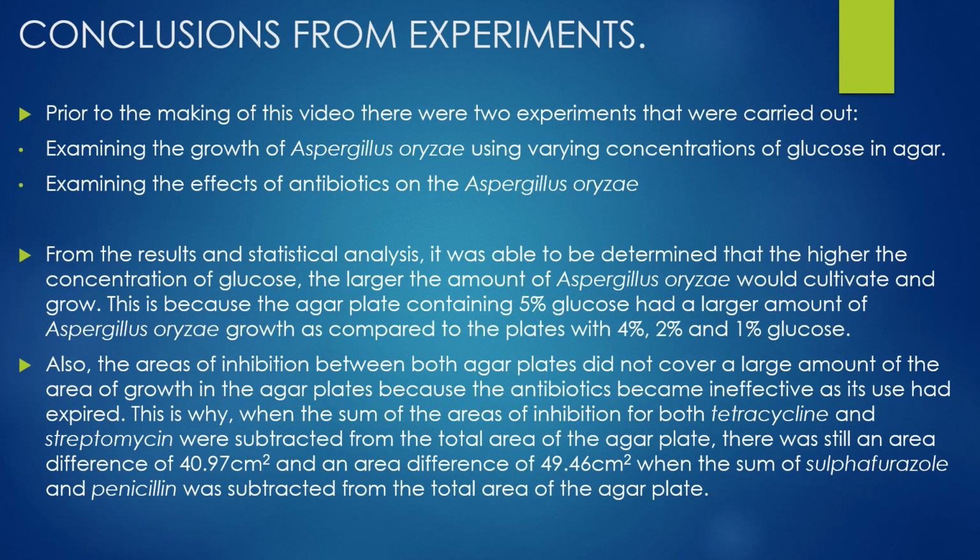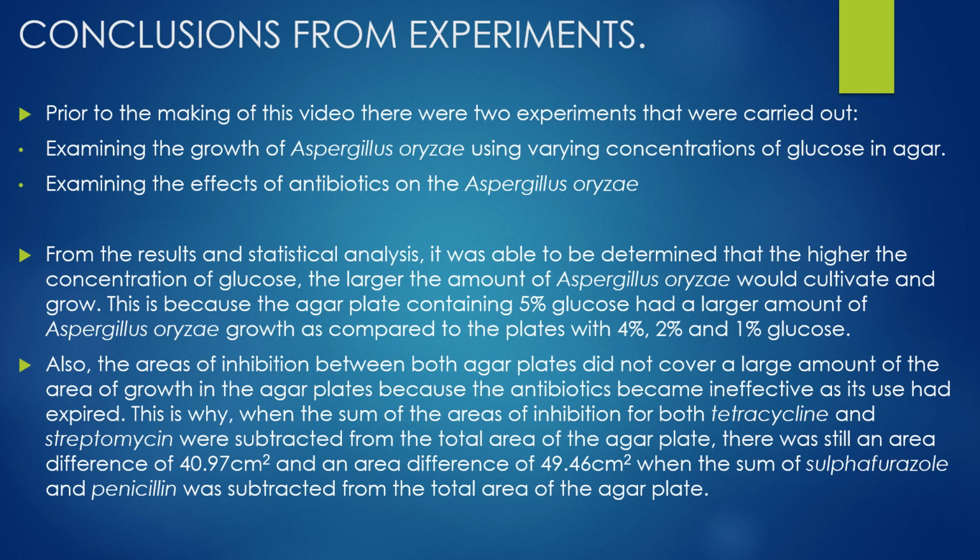From the results and statistical analysis, it was determined that the higher the concentration of glucose, the larger the amount of Aspergillus oryzae would cultivate and grow. This is because the agar plate containing 5% glucose had a larger amount of Aspergillus oryzae growth as compared to the plates with 4%, 2% and 1% glucose.